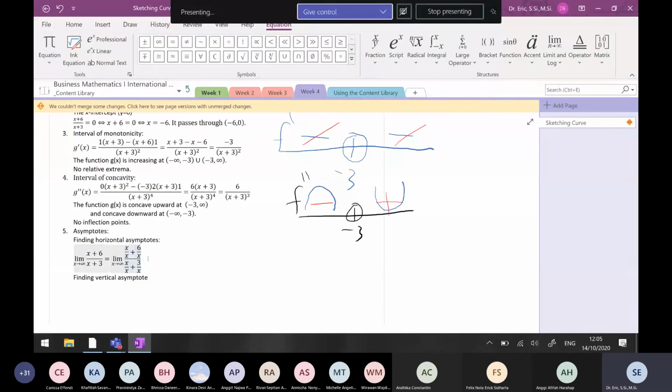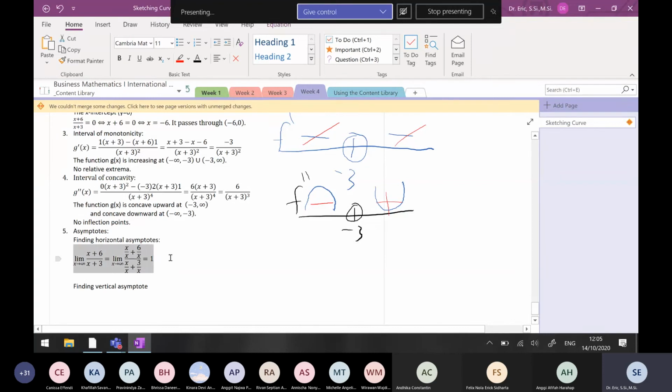It will give you (1 plus 0) divided by (1 plus 0), which is 1. And you can do the same thing for minus infinity. Just a formality here, because we know it is the same for this one, but in general it is not the same. It will give you the same result.